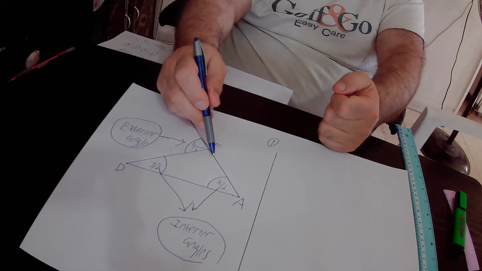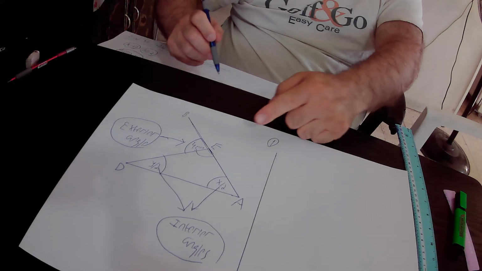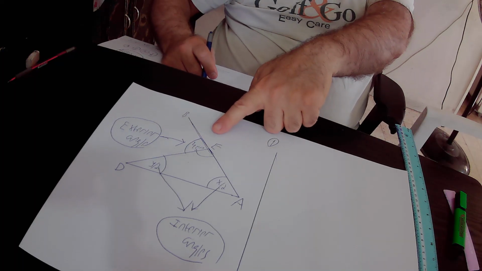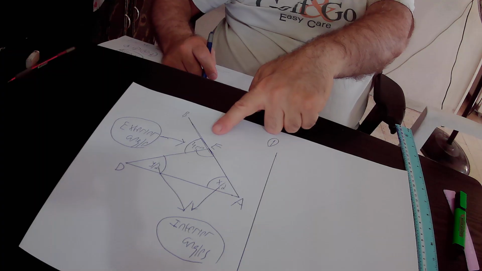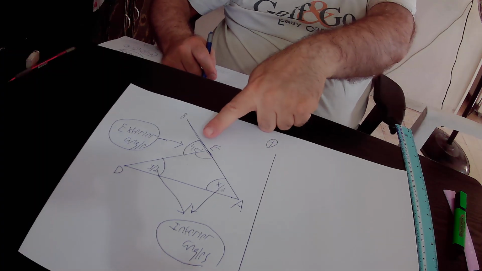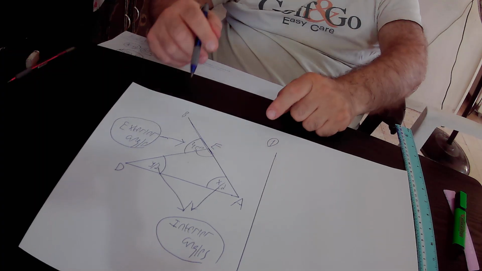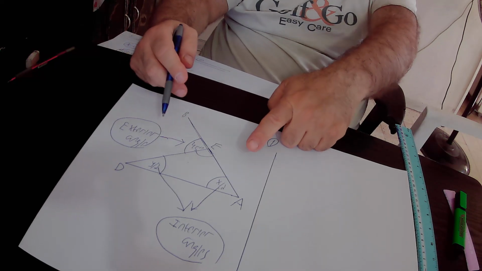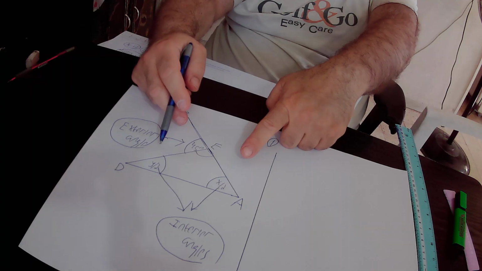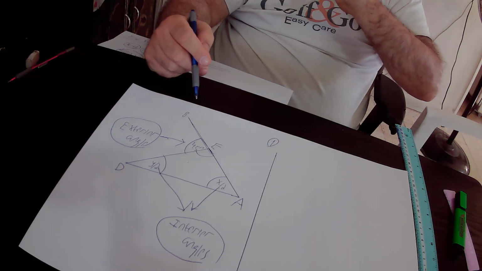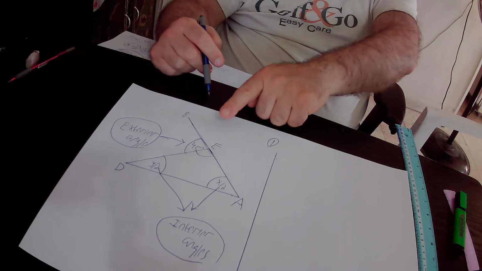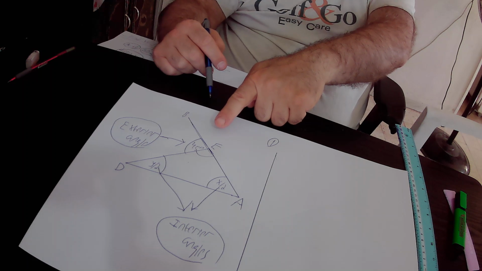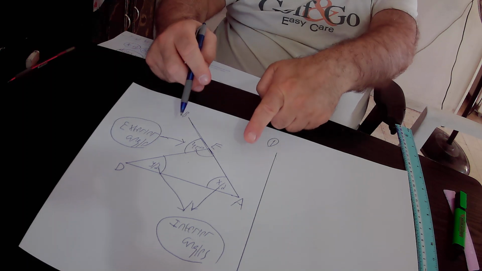This is angle BEA. Angle BEA is definitely adjacent to angle BED. And the two other angles that are not adjacent to angle BED are y over 2 and x over 2. And the sum of those two angles is y over 2 plus x over 2. So in conclusion, according to rule 4, the size of the exterior angle BED will be equal to y over 2 plus x over 2.